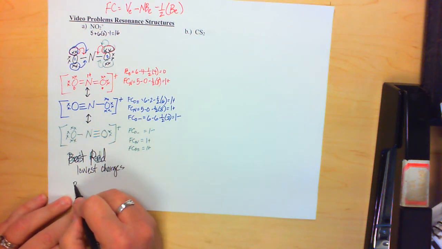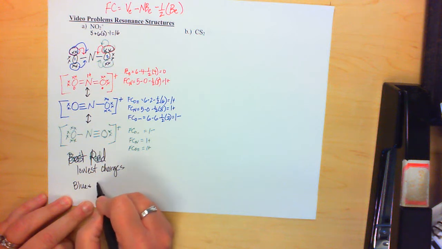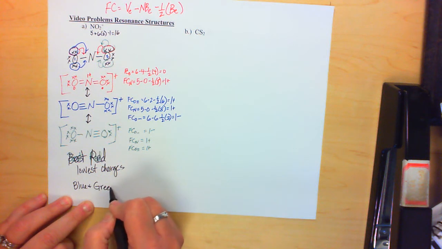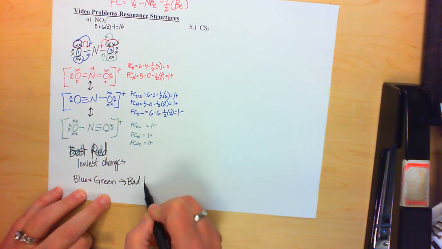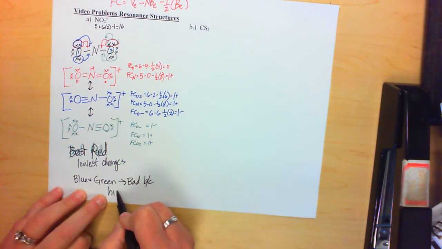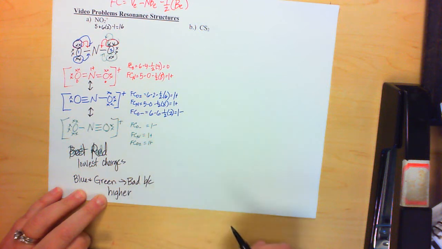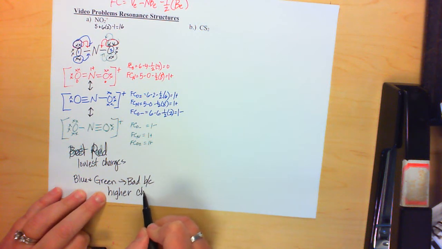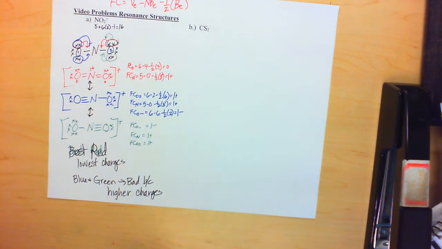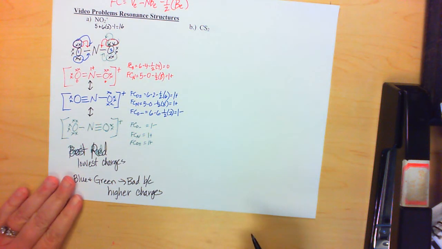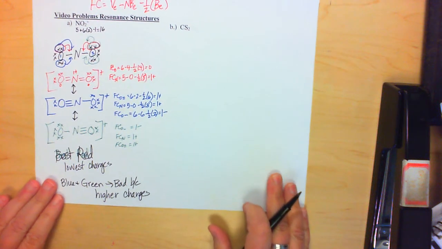Okay, the blue and green are going to be bad because they have higher charges in general. Okay? So that's one resonance structure.